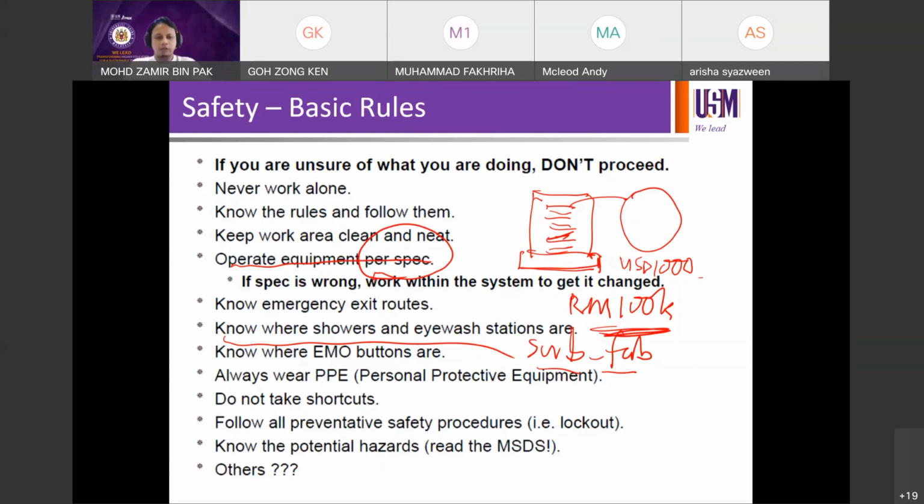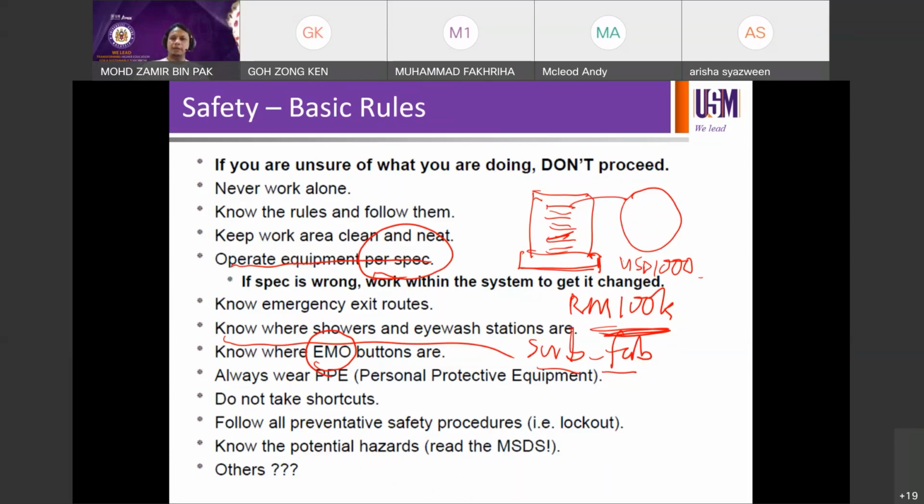You'll see later on in the fab. So know where EMO buttons are. EMO button ni emergency off, right? Emergency off. Tiba-tiba you run maintenance. This happened in GF last time when it was called Chartered Semiconductor. Seorang tengah buat maintenance kat depan, dia terlupa activate the disable button. So then bila dia terlupa deactivate, that means the robot can run if you load the process or something.